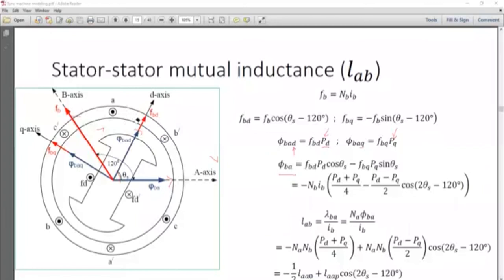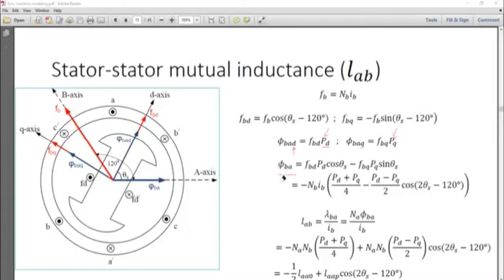Before that, let's look into the directions of phi BAD and phi BAQ. You see the blue lines. This is phi BAD along the D axis, and this is phi BAQ along the Q axis. Now we have to calculate the components of BAD and BAQ along the A axis.